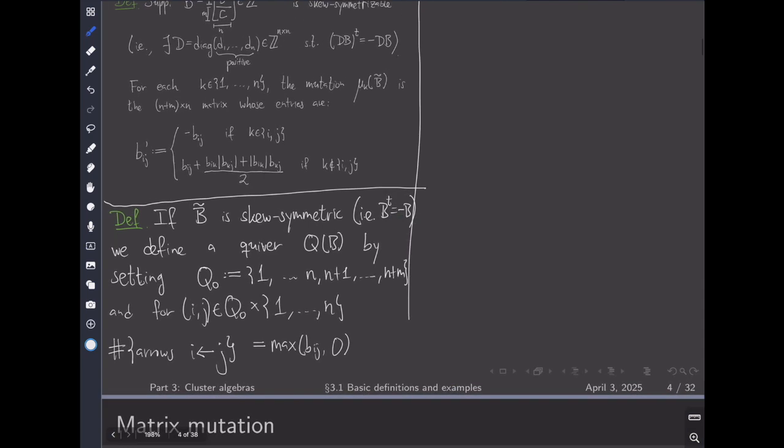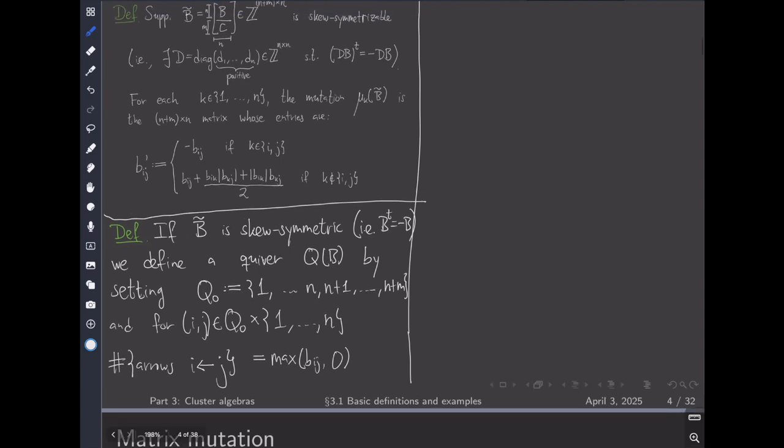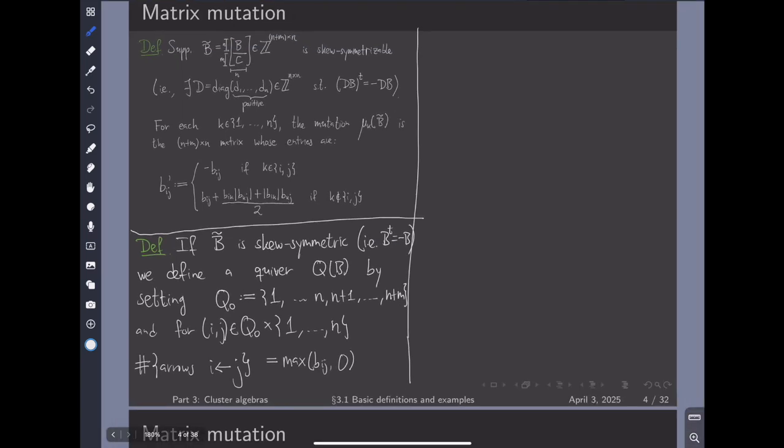Let me leave it like this to not enter problems.